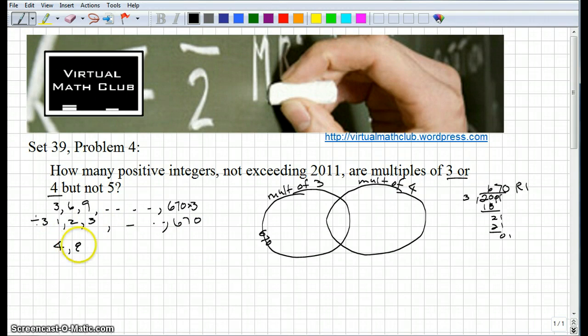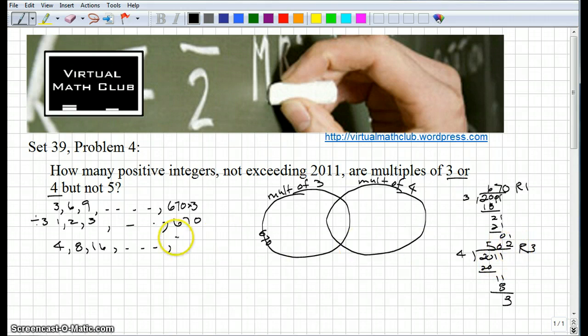Okay, and so let's take a look at the multiples of 4. So we have 4, 8, 16, and so on, all the way up to something. Let's divide 2011 by 4, so that's 5, and then that's 20, so what is that, 11, and so 502, that'd be 8, with a remainder of 3. I know that 502 times 4 is going to give me something less than 2011, and if I multiply by 503, it's going to go over.